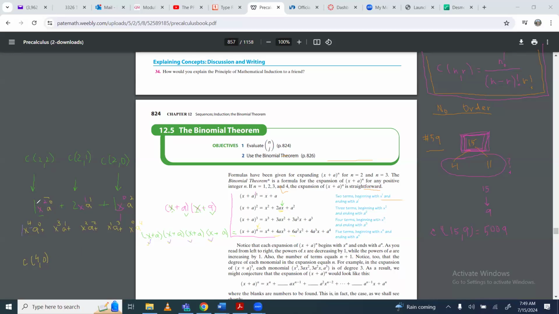For the next one, I'm choosing 3 out of 4. So that'd be combinations for selecting 3 from 4 possibilities, and this ends up being the number 4. How come?